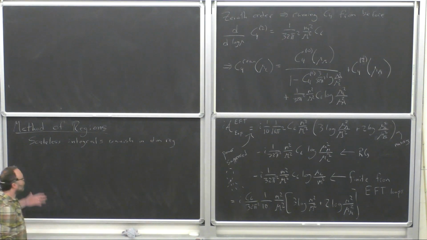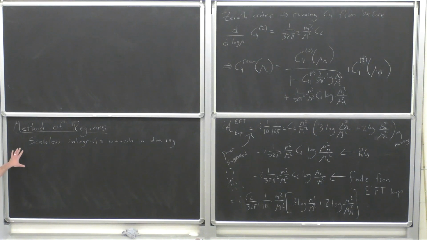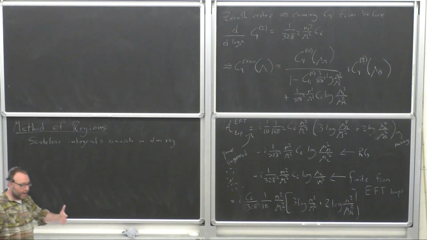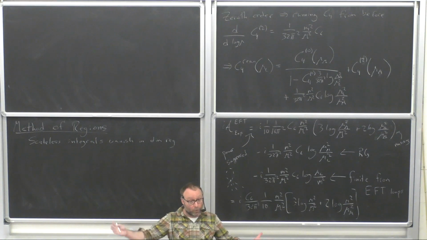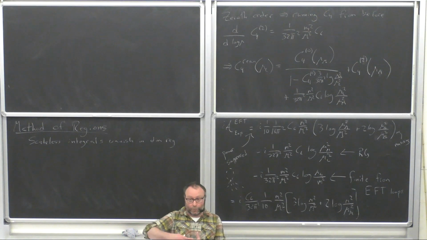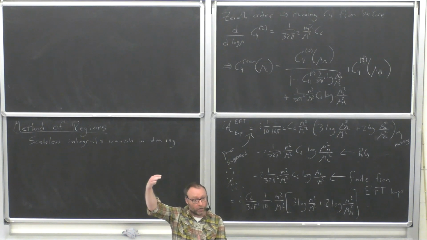And the way I think about it, I would argue, is that it really justifies everything we've been doing as far as using DimReg, which integrates over all possible momenta, in the context where we know that there are heavy particles that we're not including.